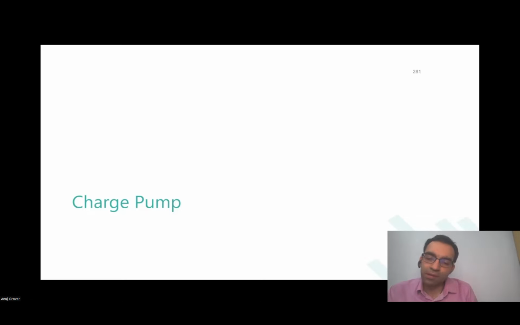Now we come to another part, which will then lead us to non-volatile memories also, which is the charge pump. What is a charge pump? No one has heard about a charge pump earlier?